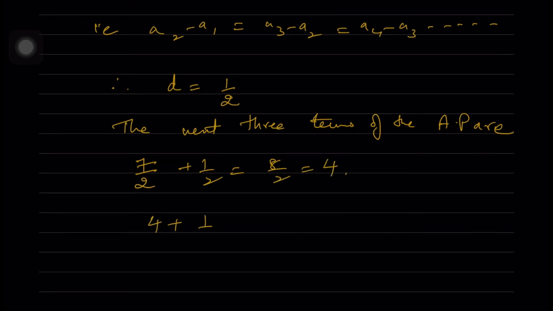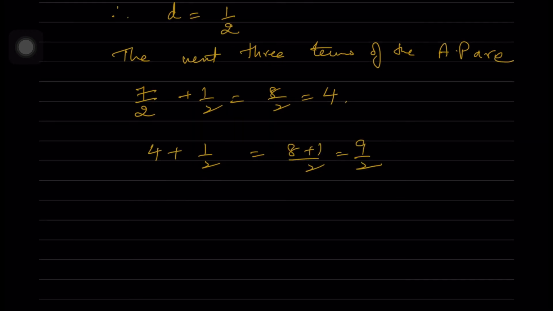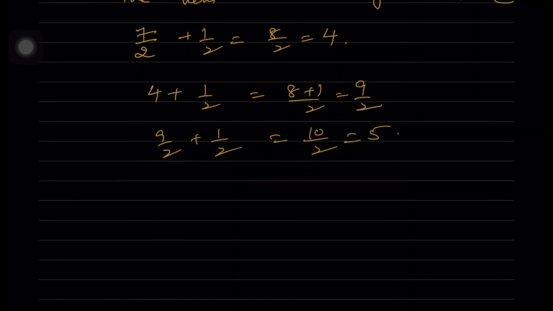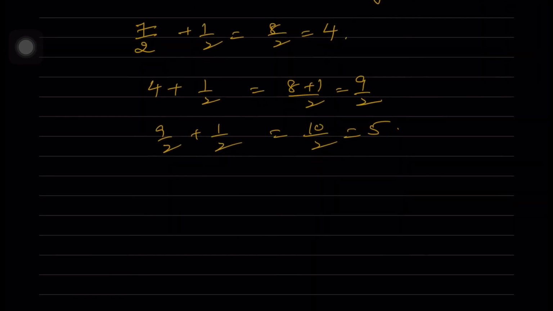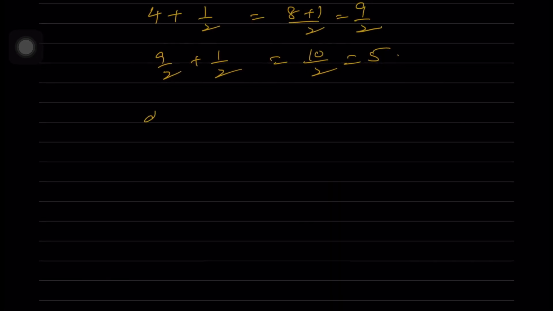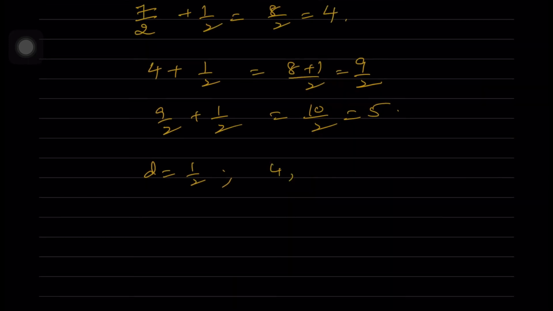Then 4 plus 1 by 2, which is equal to 8 plus 1 by 2, which is 9 by 2. Then 9 by 2 plus 1 by 2, which is equal to 10 by 2, which is equal to 5. Then d is equal to half, and the next three terms are 4, 9 by 2 and 5.